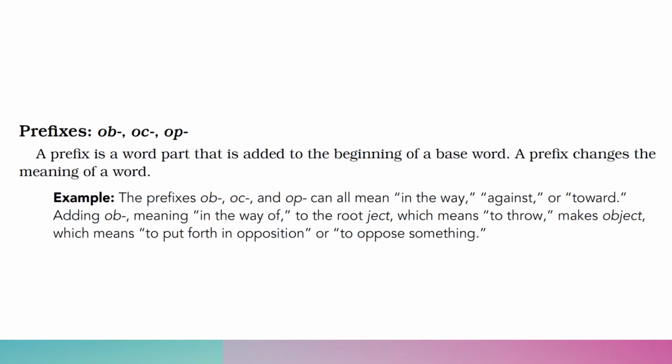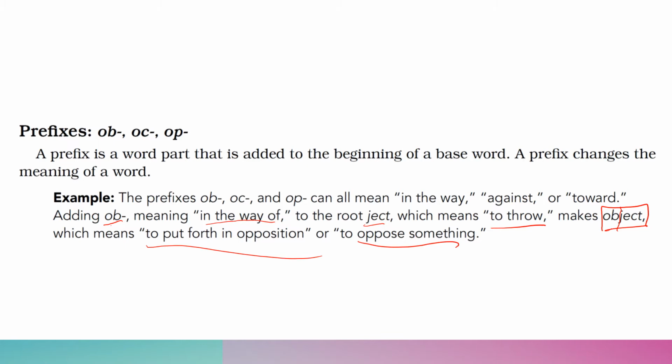Adding ob, meaning in the way of or to, to the root ject, which means to throw, makes object. Let me just divide it. We have object, which means to put forth in opposition, or to oppose something.